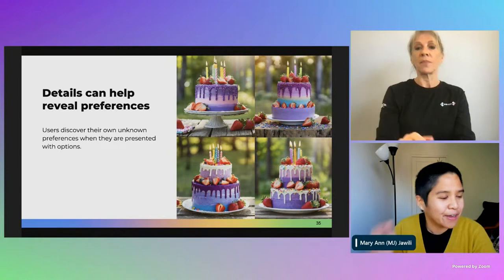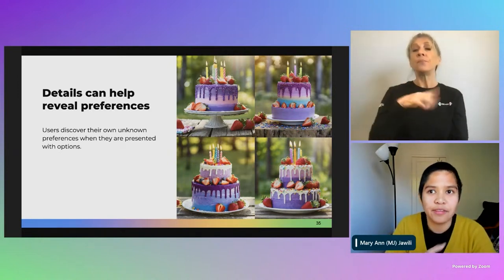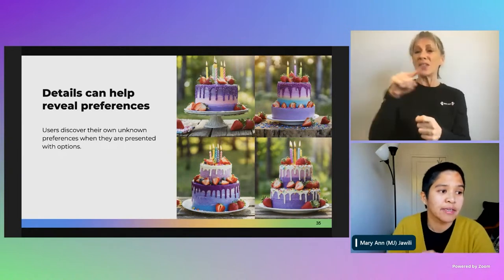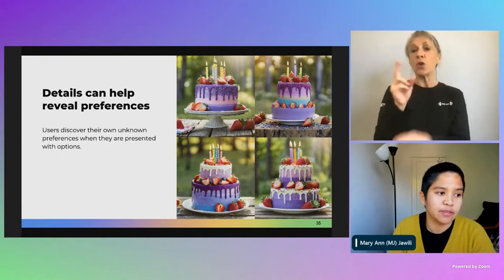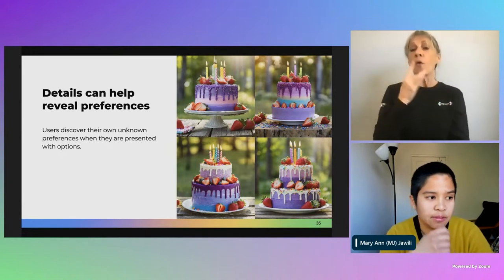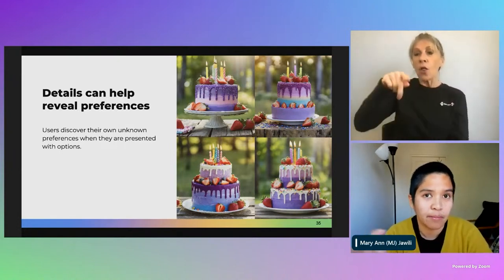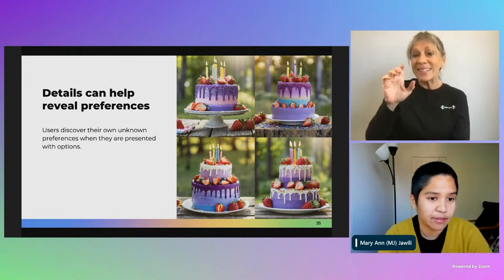Just another detail I wanted to point out is that we're talking about providing all this information around details, and I think this is really helpful because details can help reveal preferences. Users discover their own preferences when they're presented with options. So an example here is, the prompt didn't talk about glaze, but all the images turned out to have glaze.